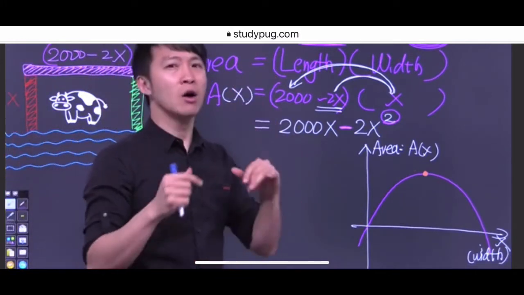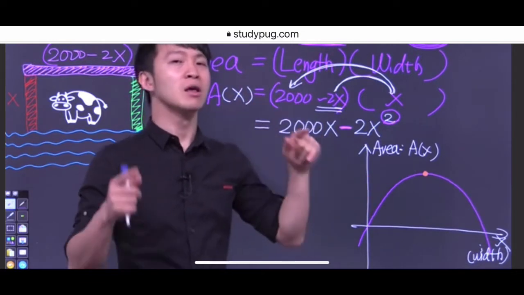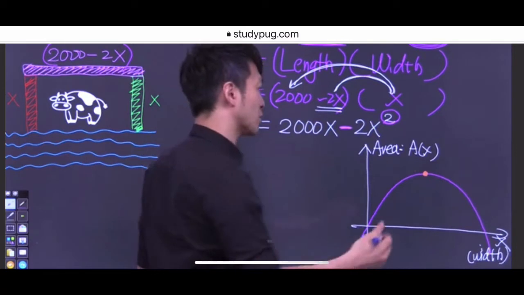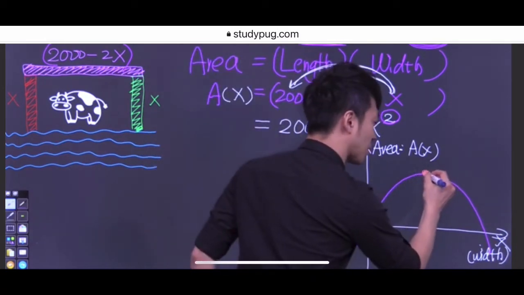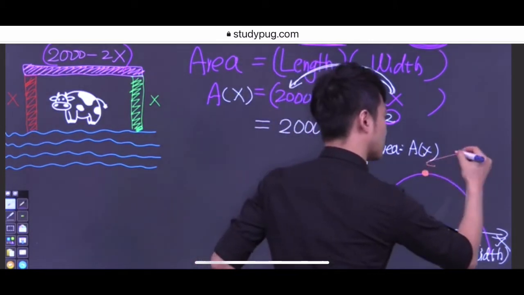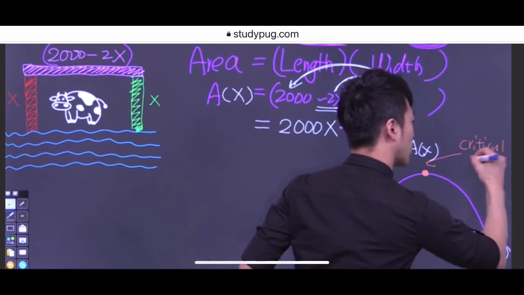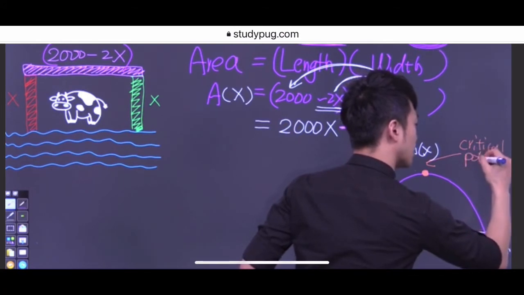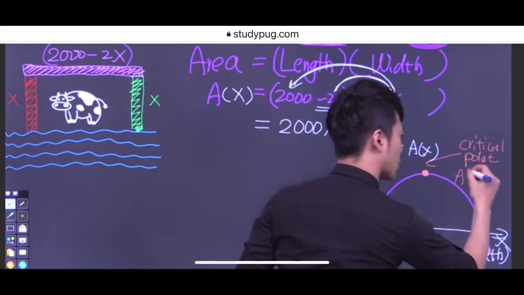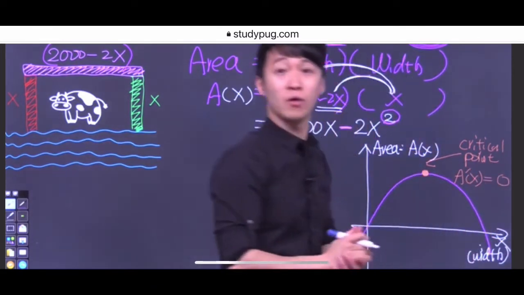We learned that every local extreme, whether it's local maximum or local minimum, always occurred at critical points, right? So this local maximum is gonna occur at a critical point where the derivative of the function A prime of x is equal to 0, right?